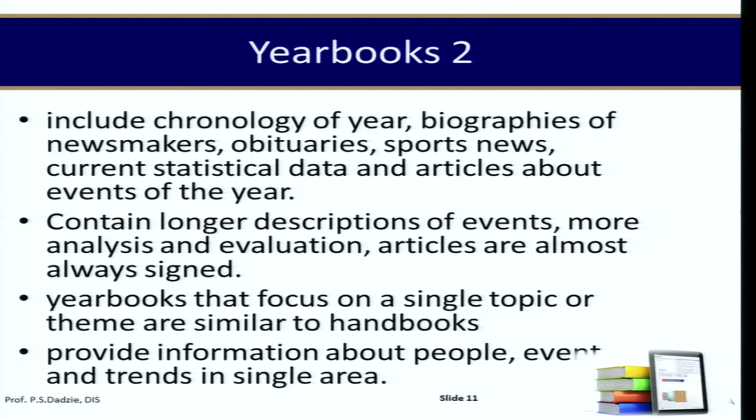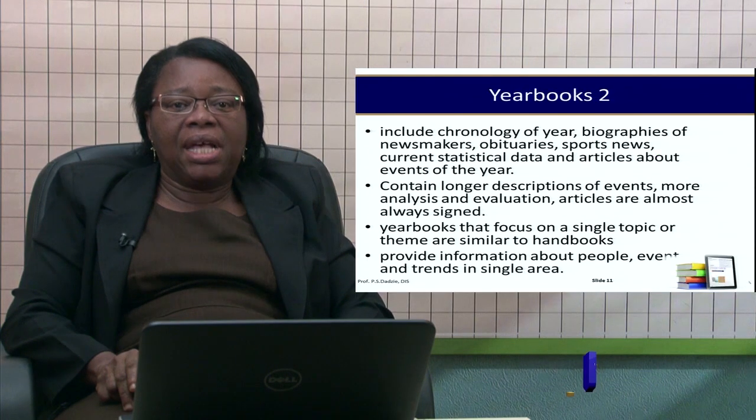These yearbooks include a chronology of the year, biographies of newsmakers, obituaries, sports news. So they contain miscellaneous information. Now, they contain information which is longer in description than the almanacs. So the almanacs are very brief, maybe just the figures.